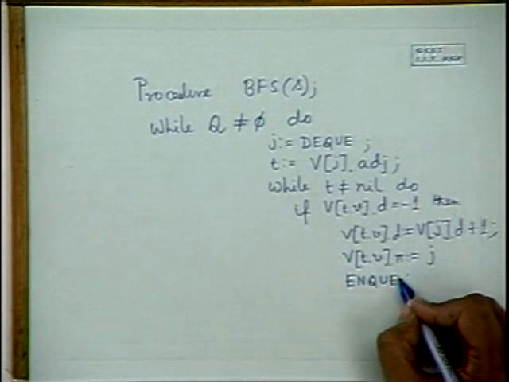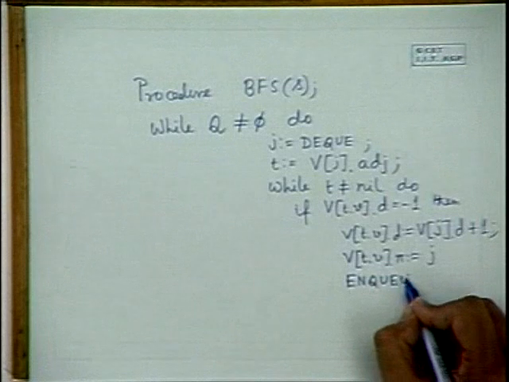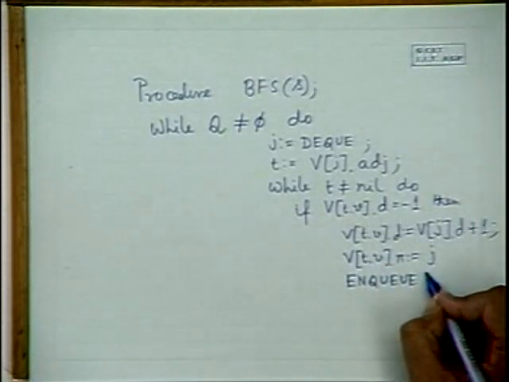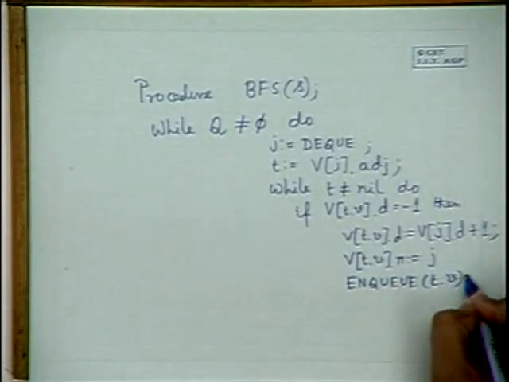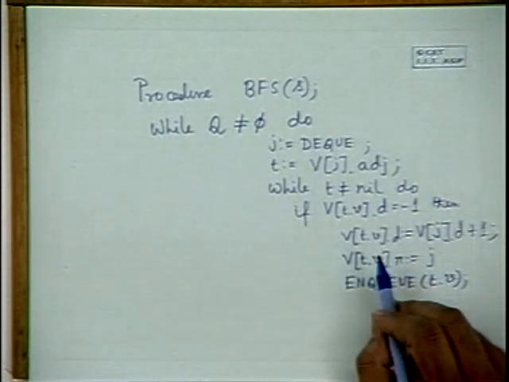NQ t.v. So you go over the neighbors of the node j and you NQ all these neighbors to the back of the queue if it is not visited, and you take out the vertices from the front of the queue. If you do this, then all the neighbors will be visited first before you go deep down the tree.